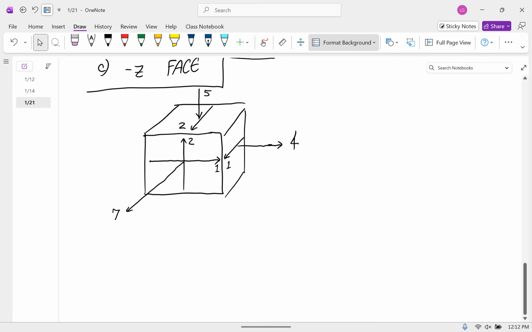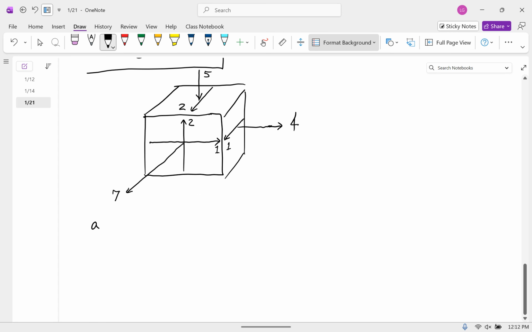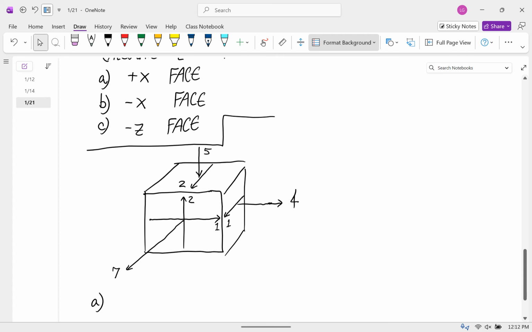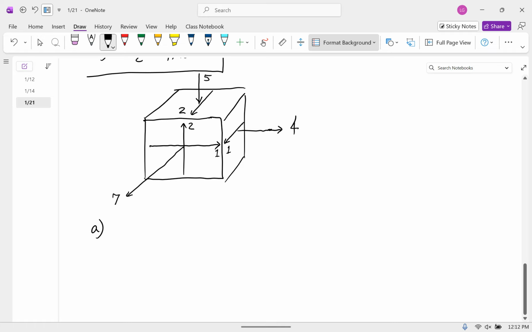Okay, so now let's use the stress tensor to calculate the tractions on those faces. So for the positive x face, we're going to take this tensor, so 4, 0, 1, 0, negative 5, 2, 1, 2, 7.